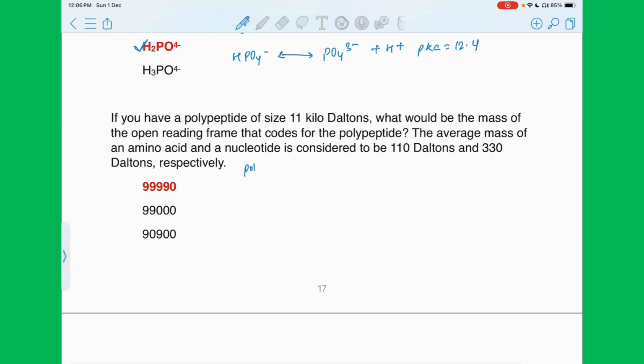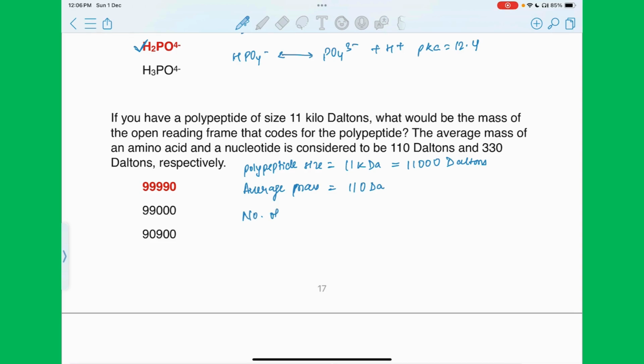The polypeptide size is 11 kilodaltons, that is 11,000 daltons. The average mass of an amino acid is 110 daltons.